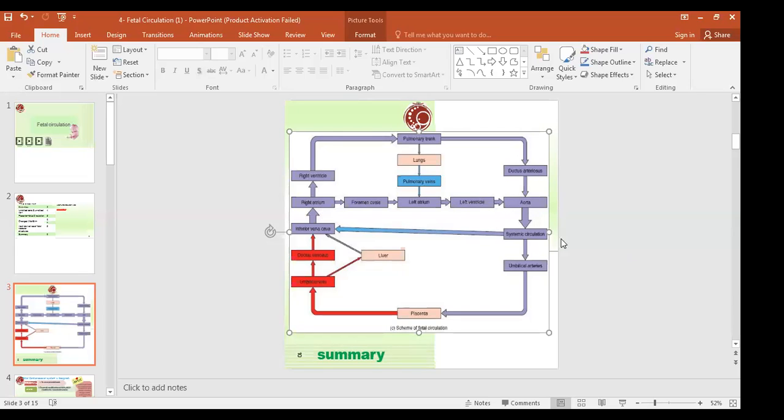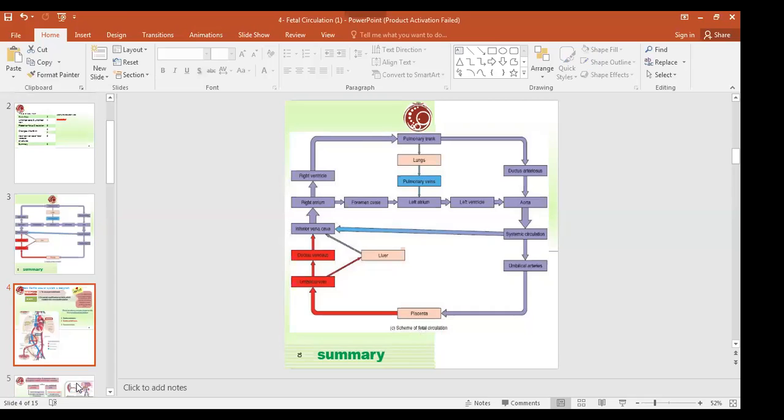And from the aorta, you see, it will first supply the vital organs, that is the heart, the brain, and the upper extremity, and then it will go down to the lower extremity, and after that, some goes to the placenta, and this circle repeats again and again. This is the mechanism.